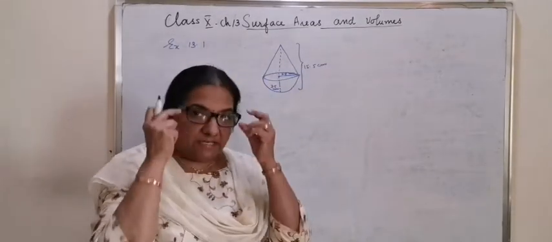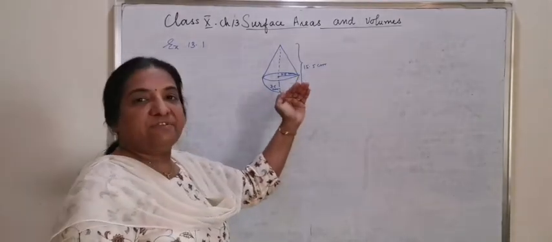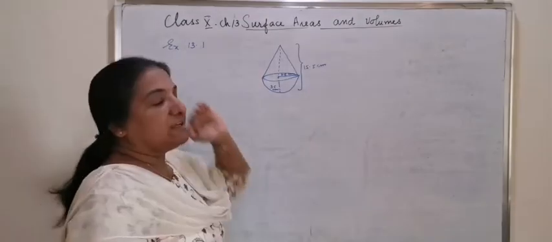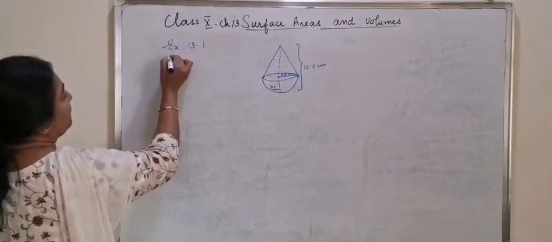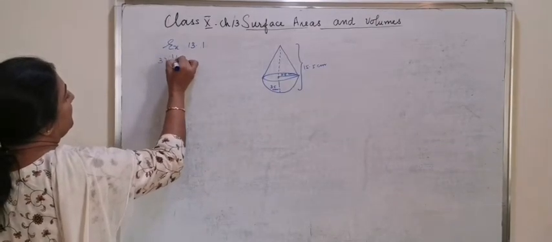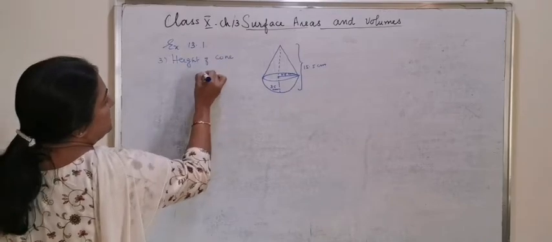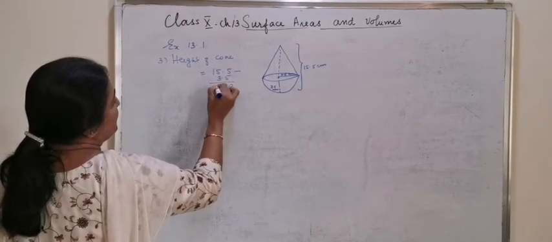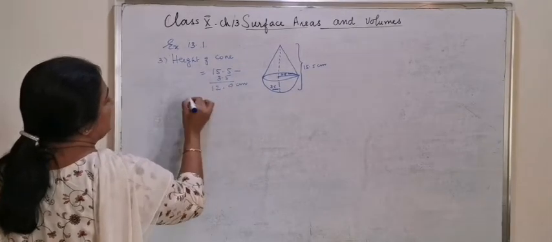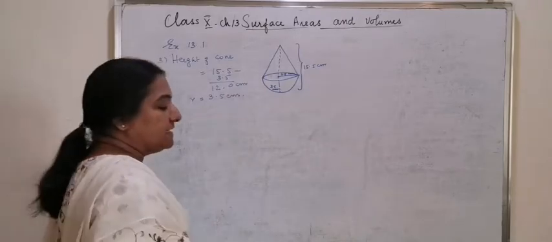The total surface area of the toy means the curved surface area of the hemisphere plus the curved surface area of the cone. So the height of the cone is equal to 15.5 minus 3.5, which is equal to 12 centimeter, and the radius is given as 3.5 centimeter.